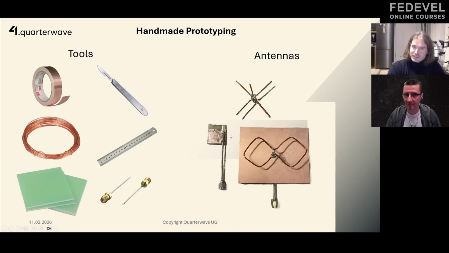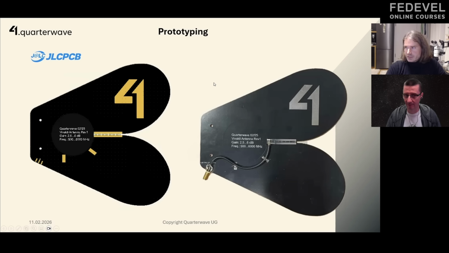I have this one here. We will measure it later. And the second step would be, if you have proven that the antenna concept is working, you can also make your own PCB. Or if it's too big, I also have something like these antennas here. This is a Vivaldi antenna. It's a broadband antenna, which I use for measurement.